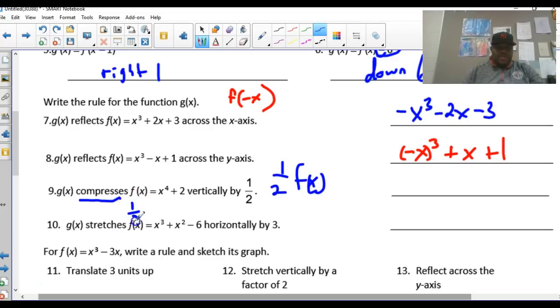So I have 1/2 of x to the 4th plus 2. Distribute your 1/2 and you get 1/2 x to the 4th, and half of 2 is 1. So 1/2 x to the 4th plus 1. And that is a correct answer, guys. That's how I know if I'm right or not.